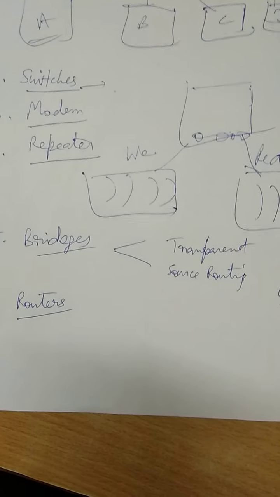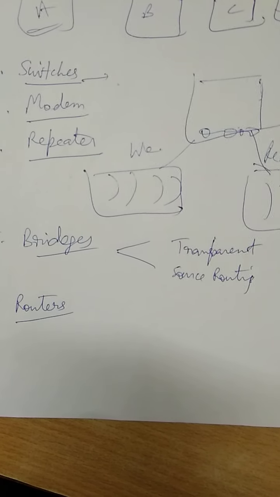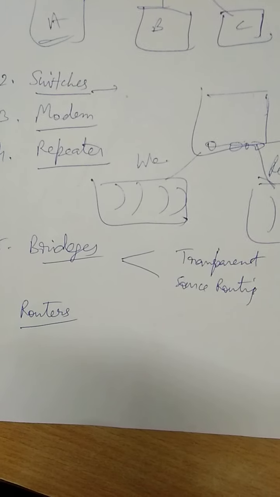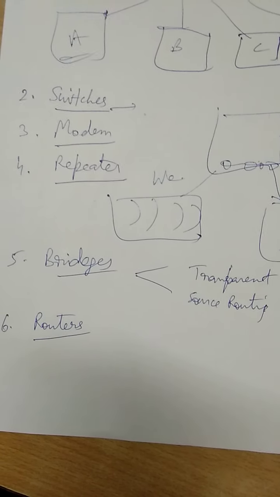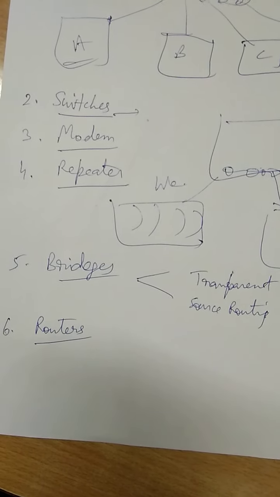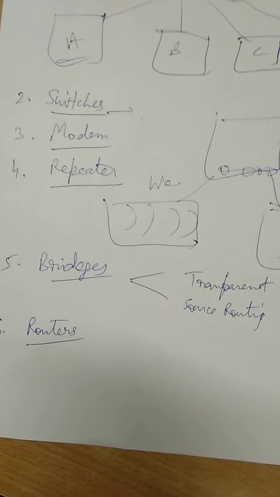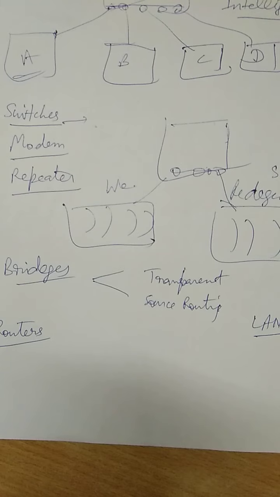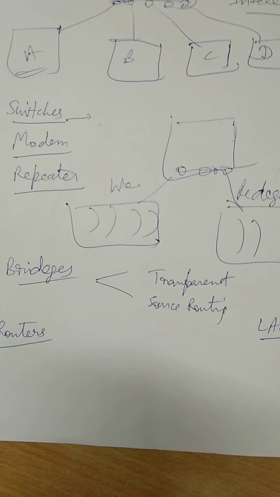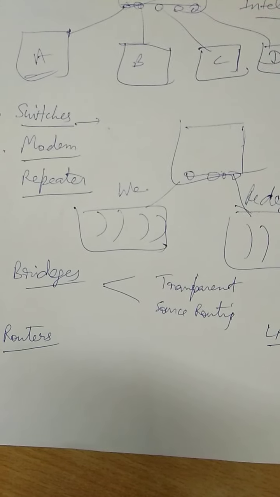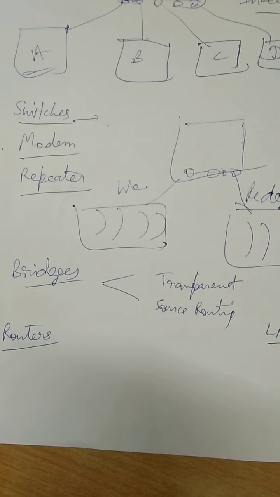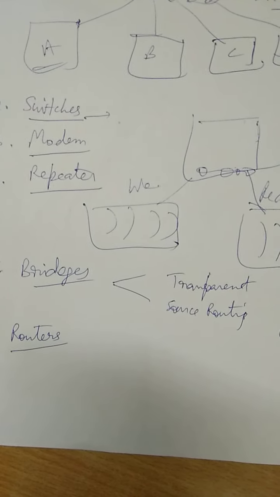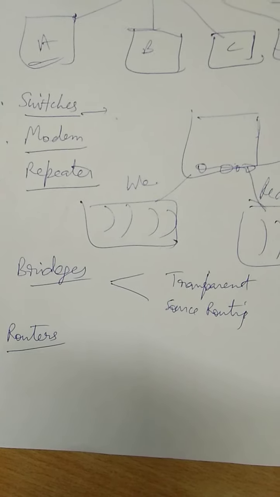Management software can also be used. So a router between two LANs receives messages from both networks, checks their destination, and transmits the message to the required LAN. Since messages are stored in the router system before retransmission, routers are said to implement a store and forward technique. This is all about routers.